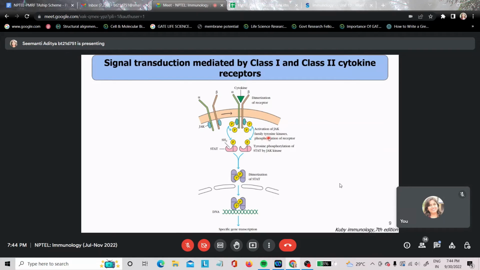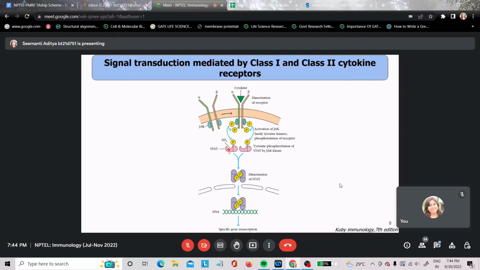So any kinase is associated with phosphorylation. The term kinase refers to any enzyme or protein which is associated with phosphorylation. So Janus kinase will autophosphorylate all the tyrosine residues present in the beta subunit as well as in the alpha subunit. So phosphorylation of this particular cytoplasmic region will bring about the docking.